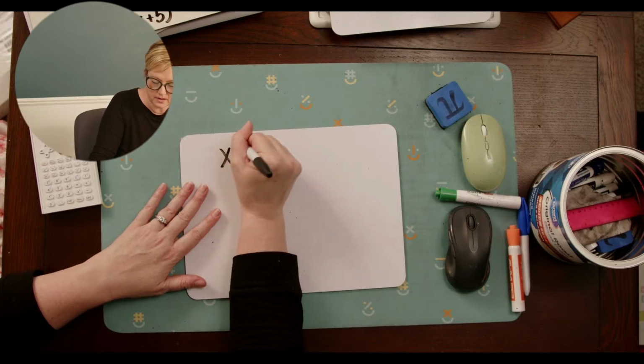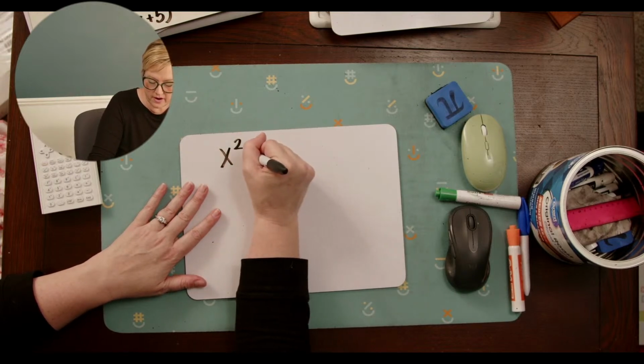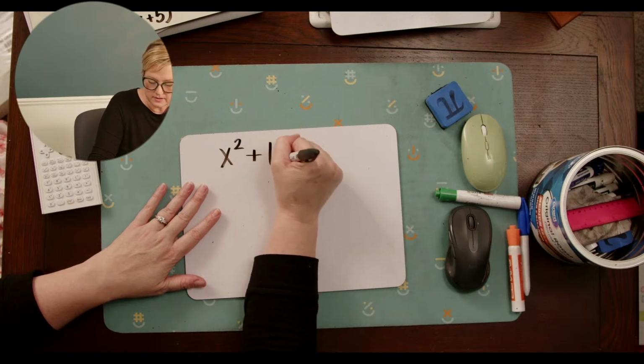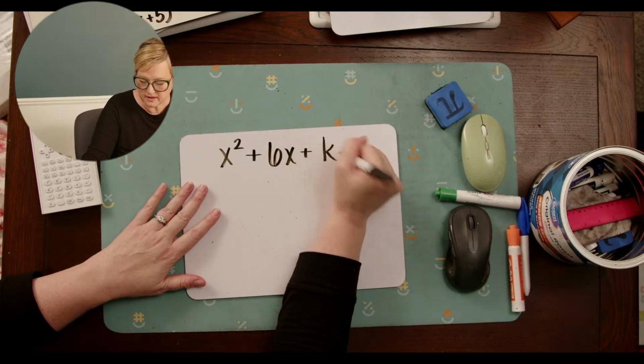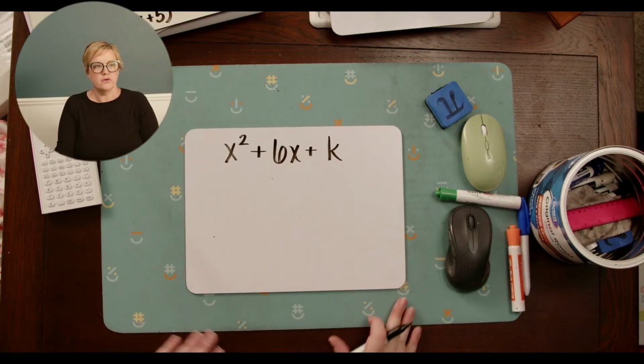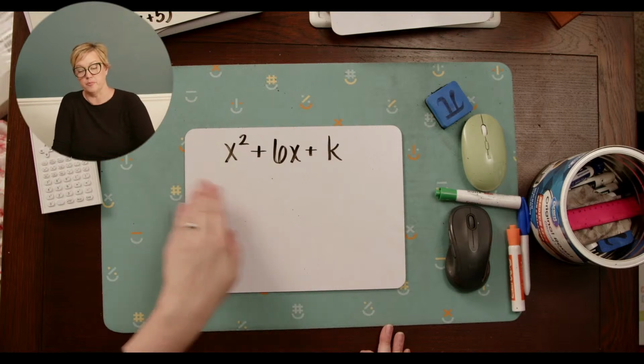So if I've got x squared plus 6x plus k, we're going to say, what's the value of k that makes this a perfect square?